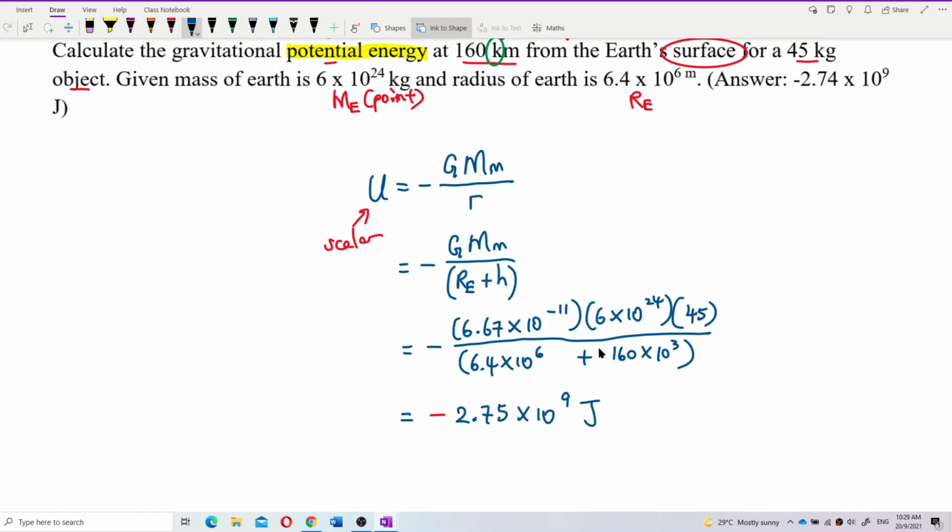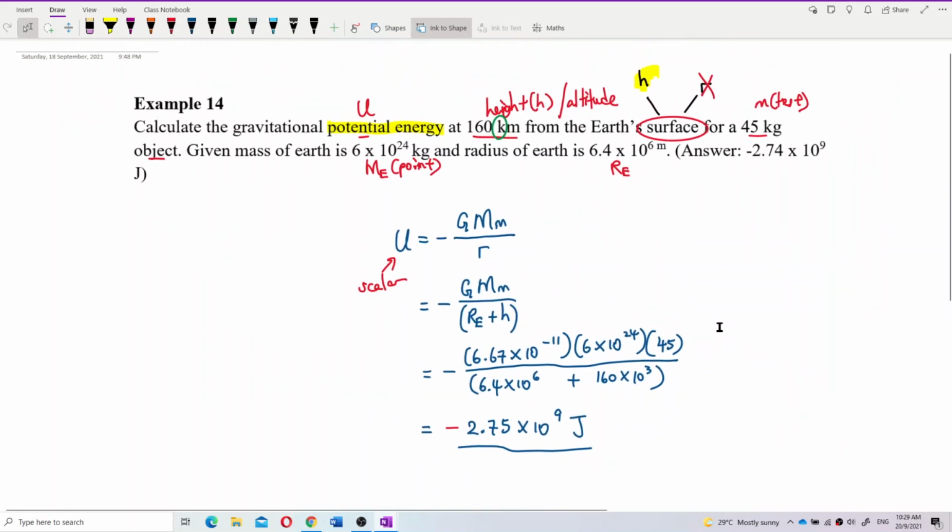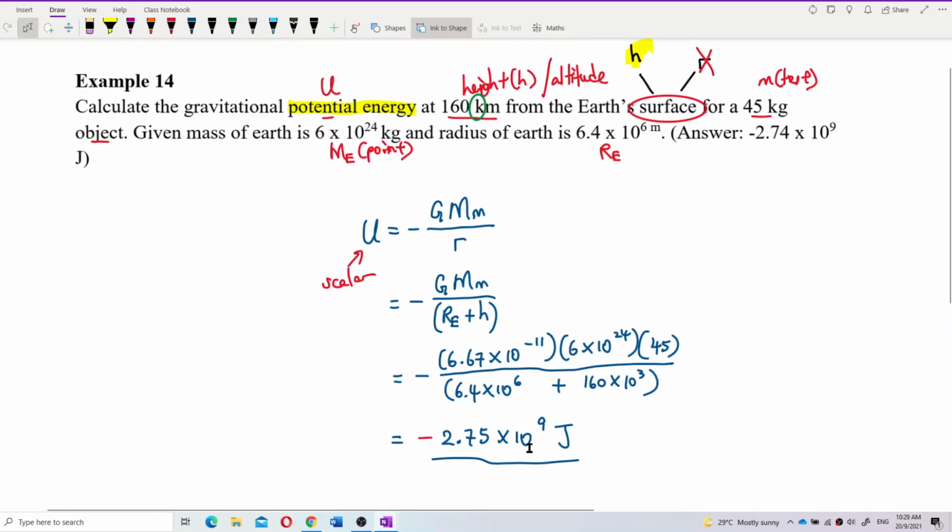Potential energy is in joule. Is that correct? Yeah, the answer is correct, 2.75, negative 2.74, almost the same, exponent 9 joule.